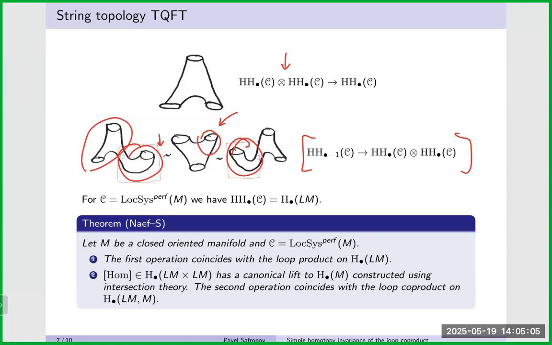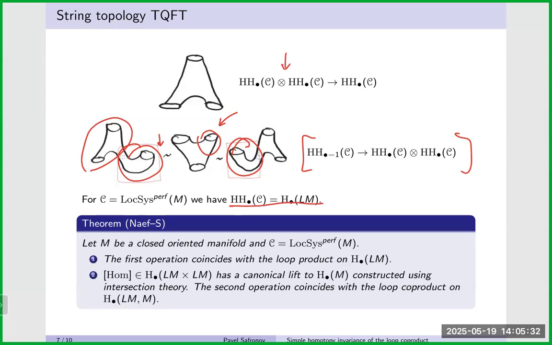So if you have a closed oriented manifold, that's the setting where you have string topology operations. You look at Hochschild homology of this category of local systems. First of all, you get homology of the free loop space. So that's the source of where the string topology operations live.